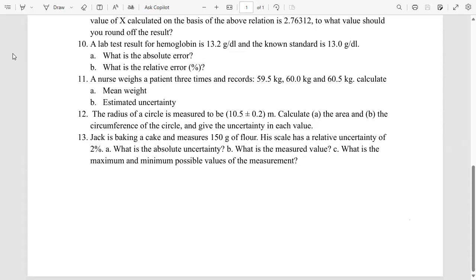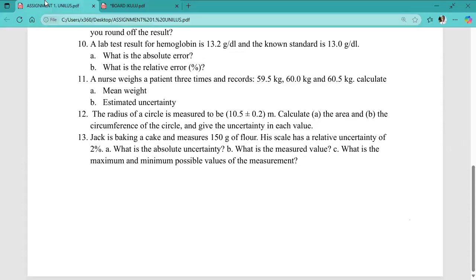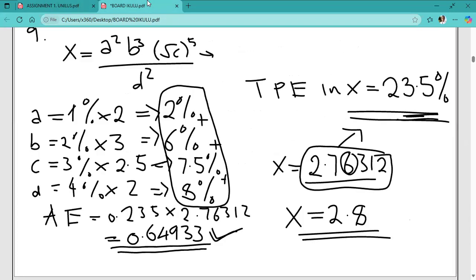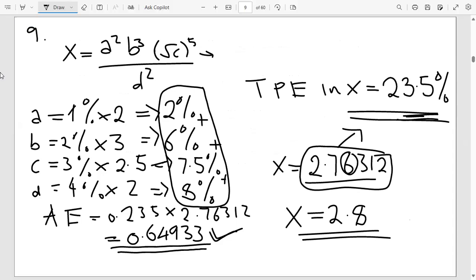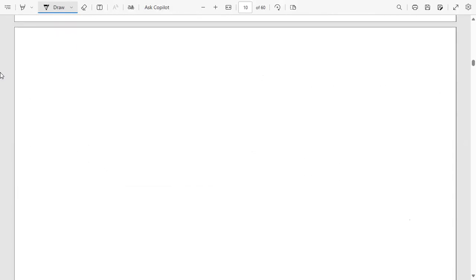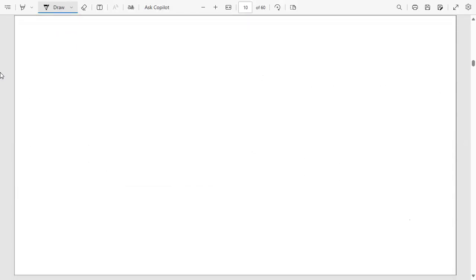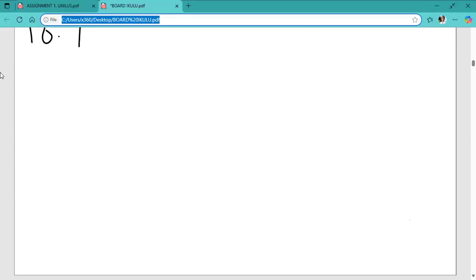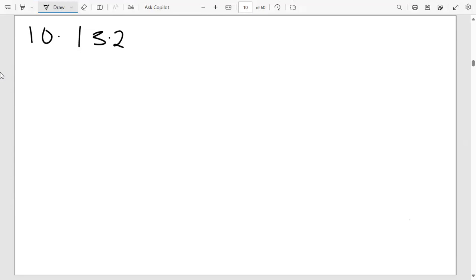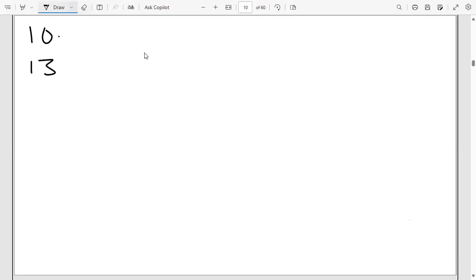So they've given us these two values: we have 13.2 as the lab test result. Question 10, they've given us 13.2 grams per deciliter.